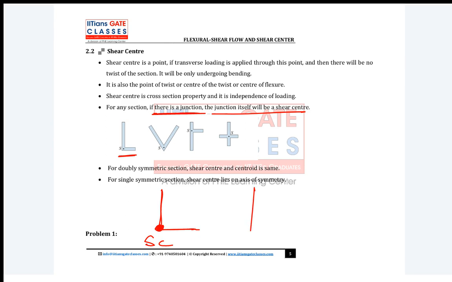Now if you take T section, I was talking, in T section this is the junction, so this is the shear center. So what is the advantage of T section? Yes, we can apply load along this point, right? So that's why in some places you will see T section is also used instead of C section. Now if you see V section, here is the junction, so shear center.